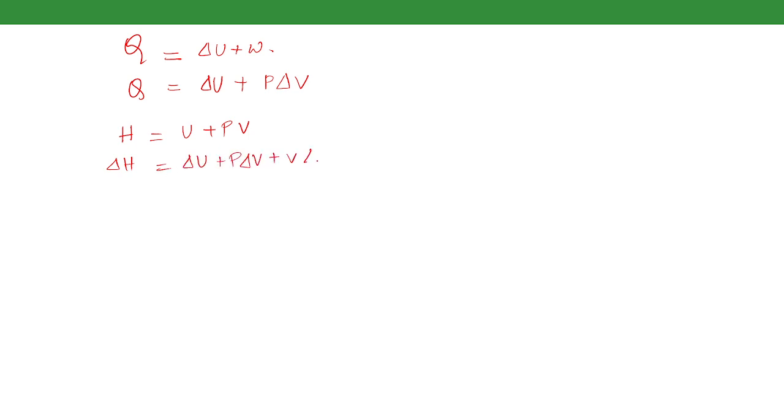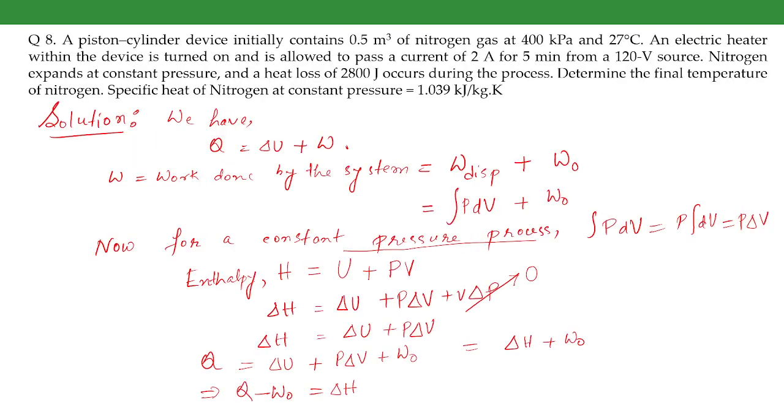So now Q is, again, let me write this expression, delta U plus W. If we consider only displacement work here, this can be written as delta U plus P into delta V. This is one expression. Now for a general expression U plus PV, when we write delta H, it is equal to delta U plus P into delta V plus V into delta P. Earlier we considered a constant pressure process.